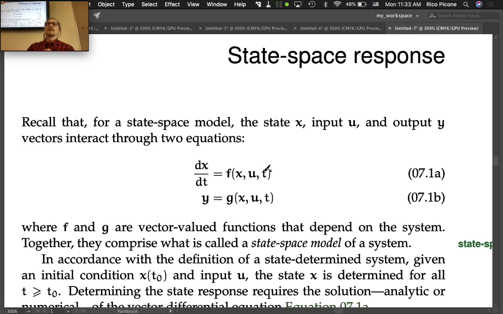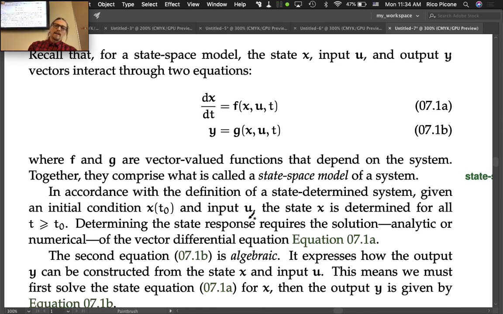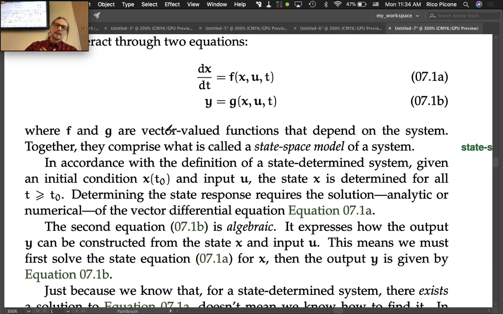If it's a time-varying system, time can show up explicitly in the right-hand side of this state equation. And then the output equation is just an algebraic equation that is a function of the state variables, the input variables, and potentially time as well. Together they comprise what's called the state space model of a system. This is a familiar object to us.